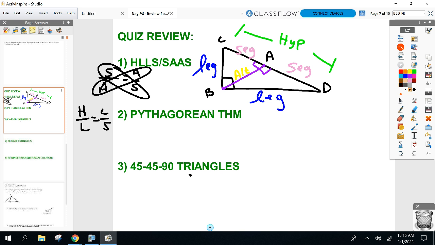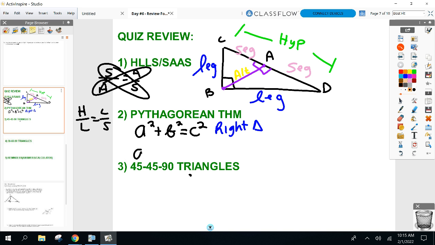Pythagorean Theorem. Always an option tomorrow, right? If you have two sides of a right triangle, you're trying to find the third. But remember the other use for it, because I'm going to quiz you on it tomorrow. If a squared plus b squared is equal to c squared, it is a right triangle.